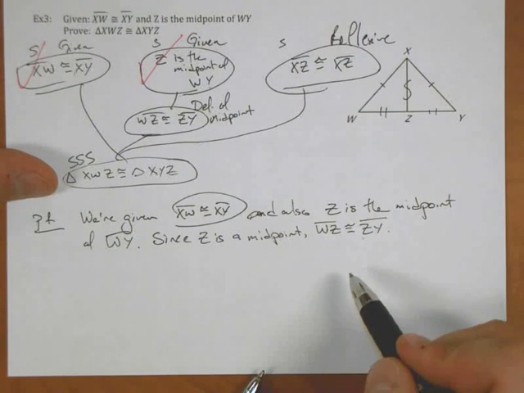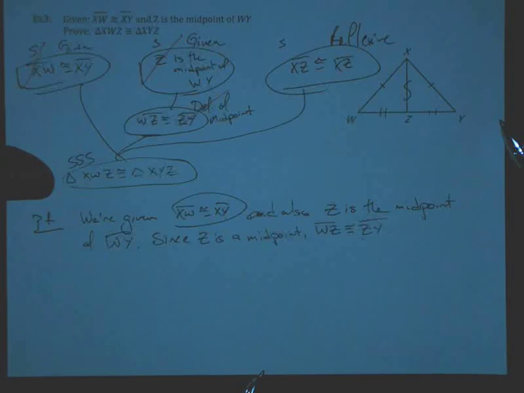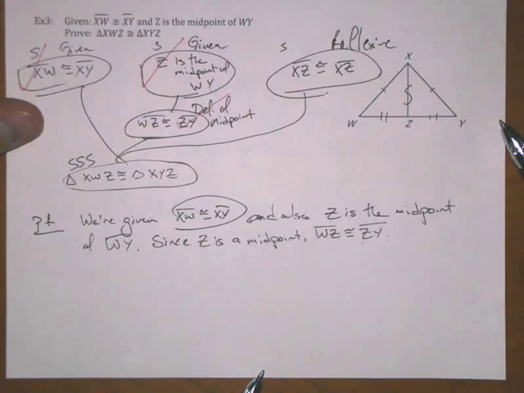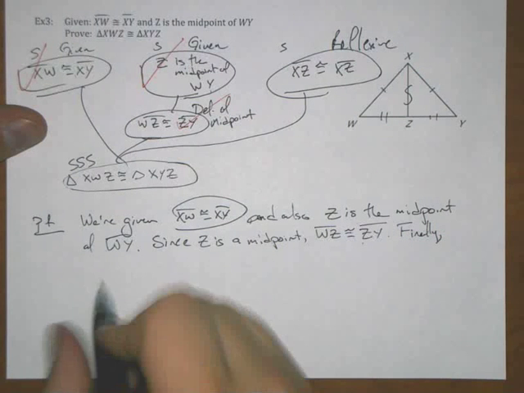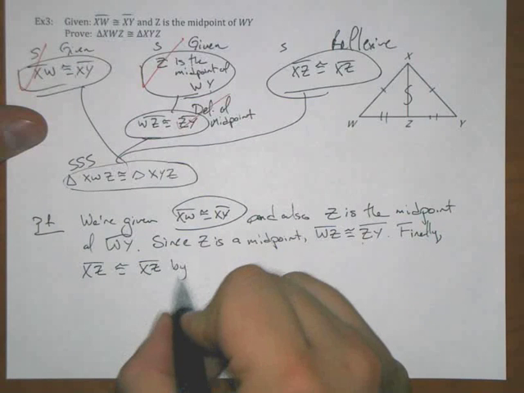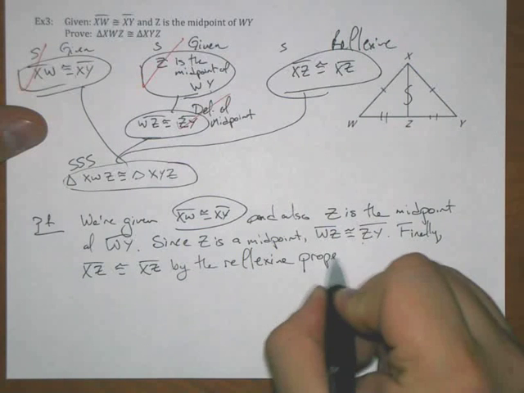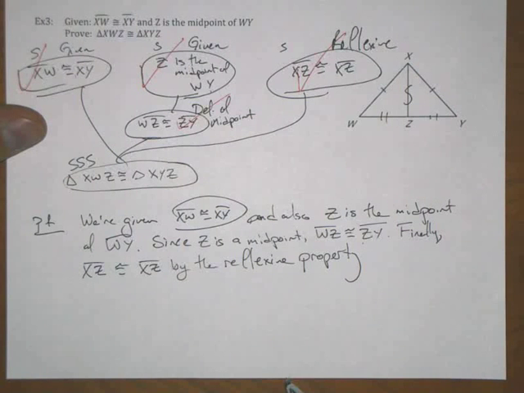You could say by definition, I think it's implied here, especially with the map drawn out, we can tell exactly what you mean here. Finally, XZ is congruent to XZ by the reflexive property.